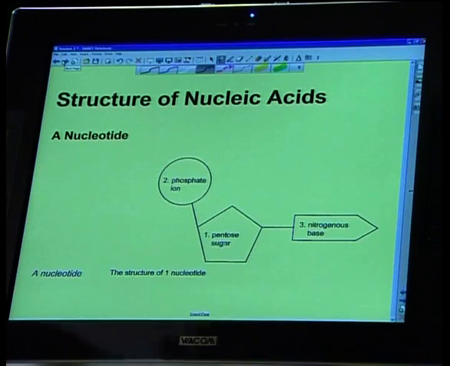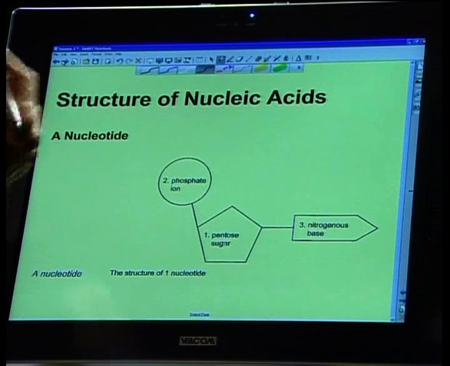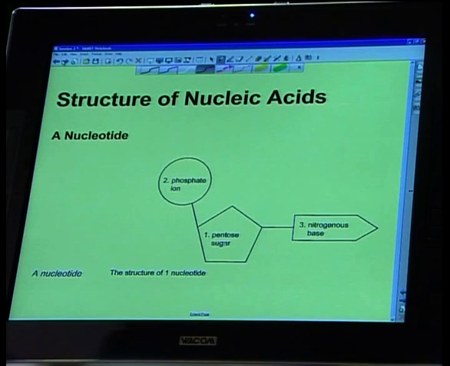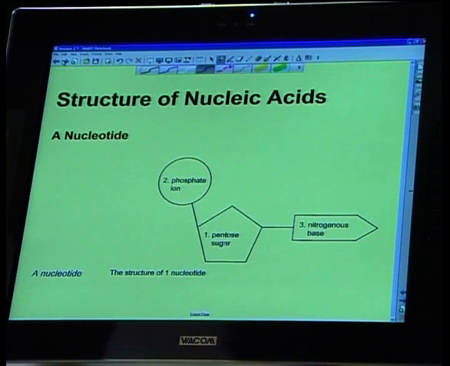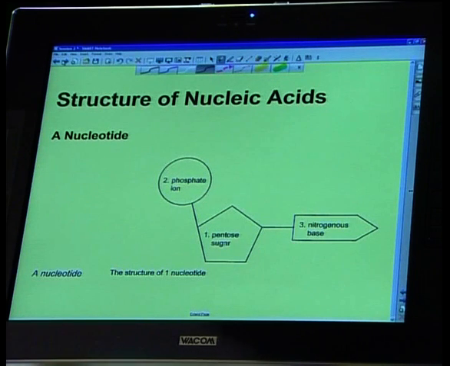Okay, now, we're going to look at the structure of nucleic acids. Now, with the structure of nucleic acids, remember, your nucleus is made up of chromosomes. On the chromosome, you are going to have DNA, and the DNA contains the genes.